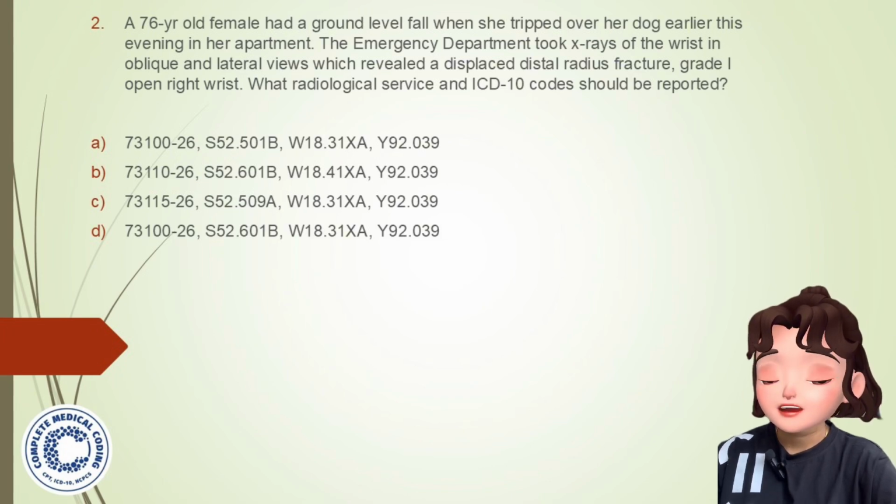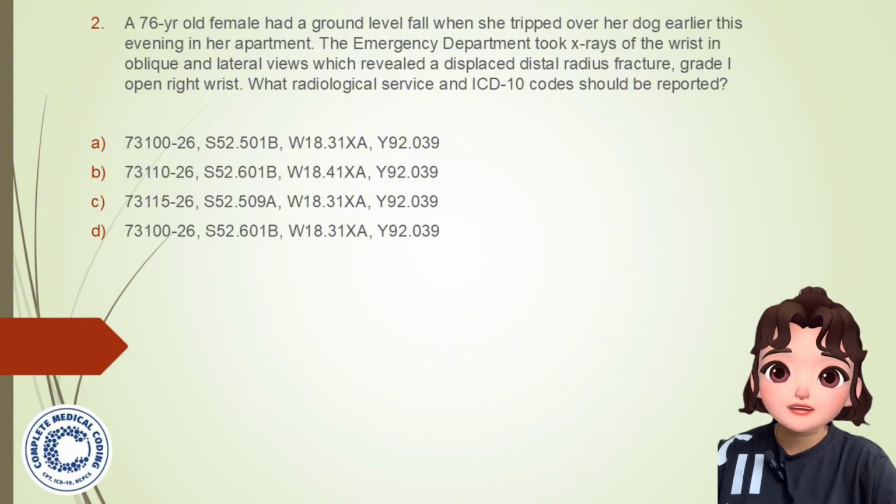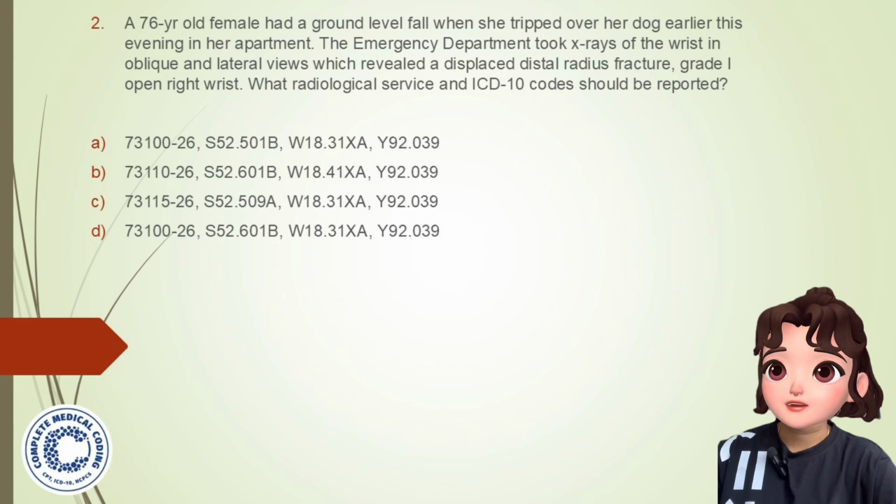There are other codes in the other options, which are not right because we already got the correct ICD code, and there's no need to look at other options because our exact CPT is 73100. So 73100 comes in options A and D. In option D, what is S52.601B?